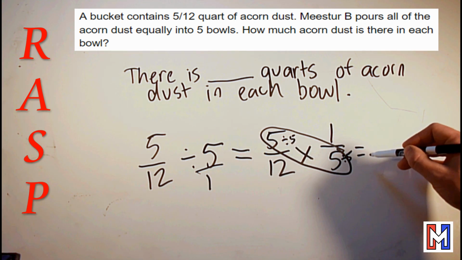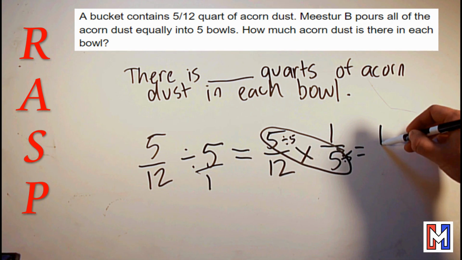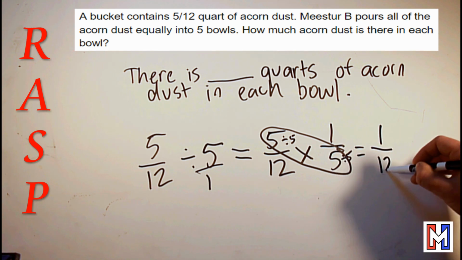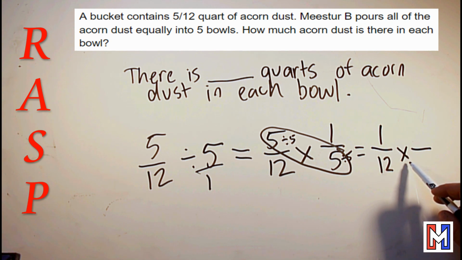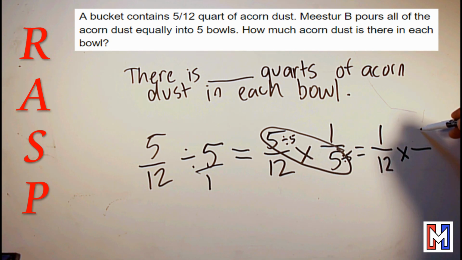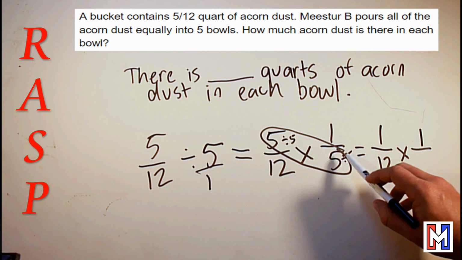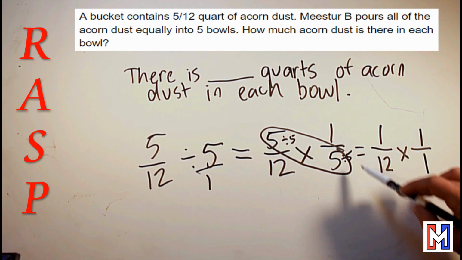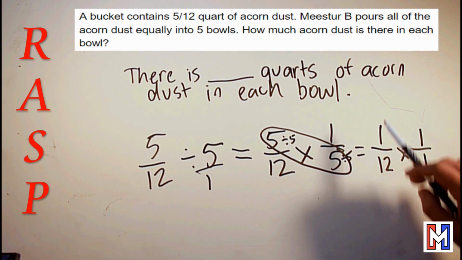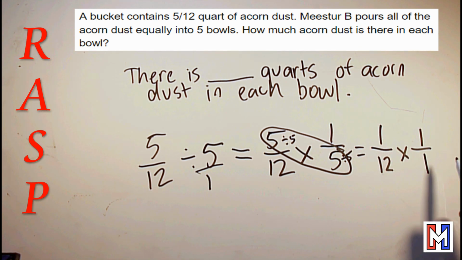Let's rewrite that. Our numerator of our first fraction is 1, but the denominator is still 12. We're still multiplying, so don't forget to write the correct operation. 1 is our numerator of our second fraction, and 5 divided by 5 is 1. So now we have this really difficult problem of 1/12 times 1 over 1.